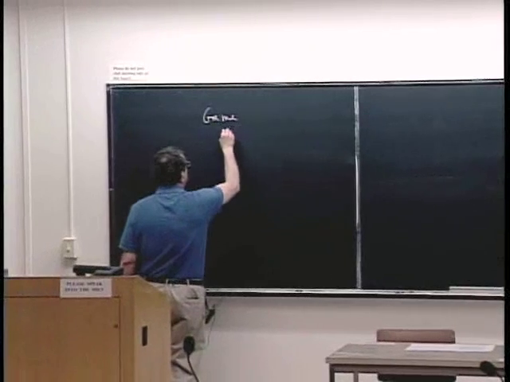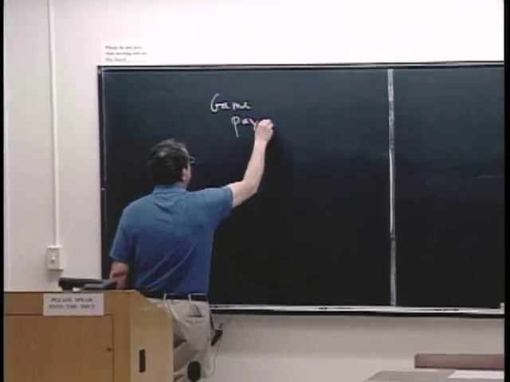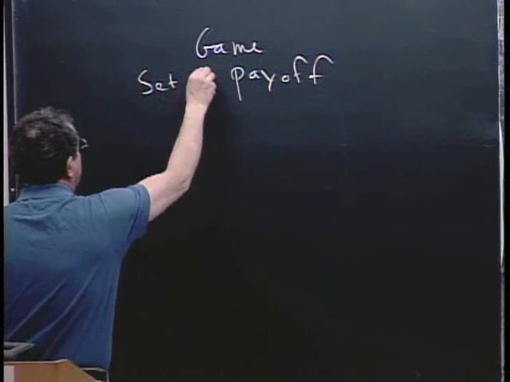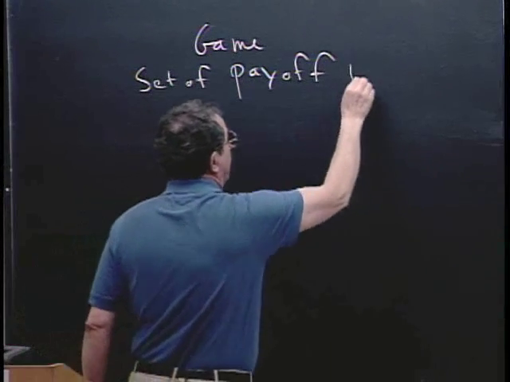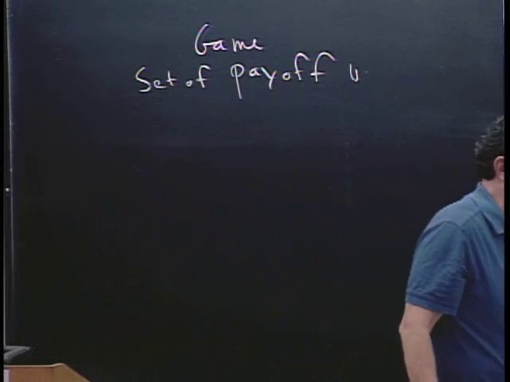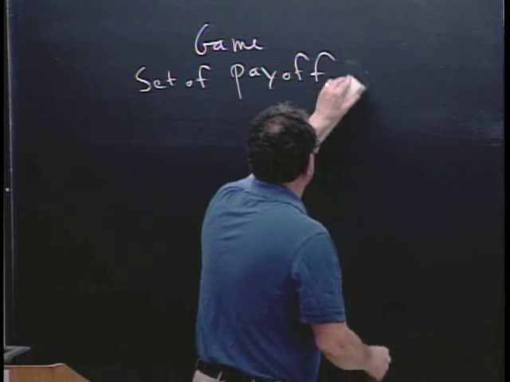And I'm going to do this in a way that generalizes from baseball to all different kinds of games. So in a game, you have a payoff, or set of payoff, I'll call them pairs. This is just going to be a game between two teams.